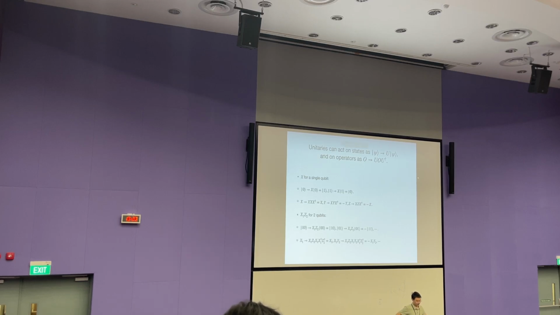Okay, then these are unitary operators. Now we need to know how these unitary operations really act on states and on operators. It's natural that we say a unitary U acts on a state in this way, so that a bra becomes the bra times U dagger, right? Then this will demand that the operator had better be acting this way, because an operator can be written as an outer product of the states.